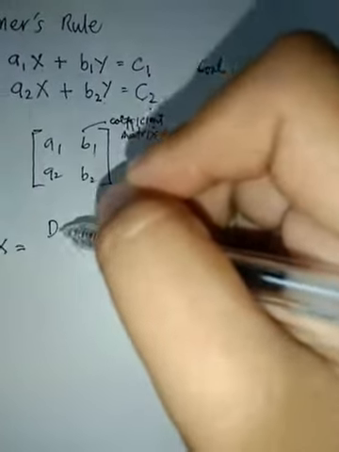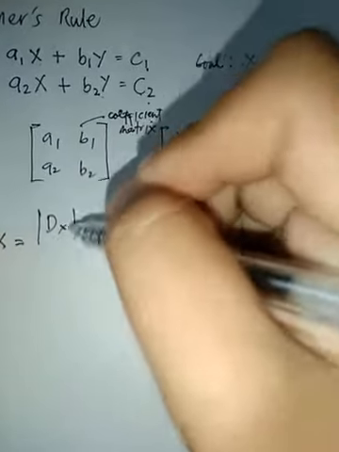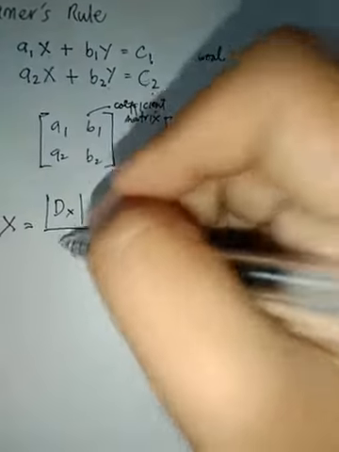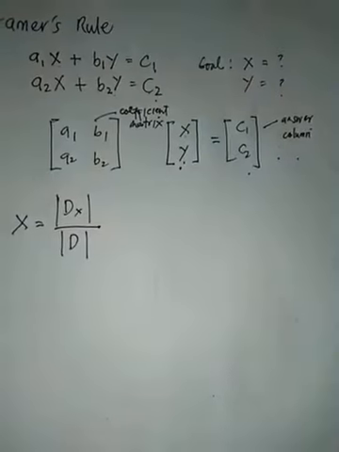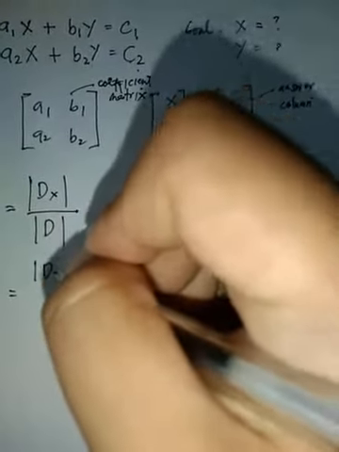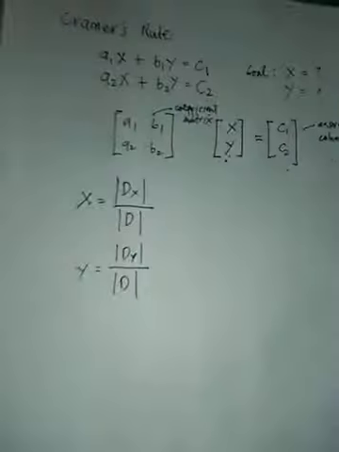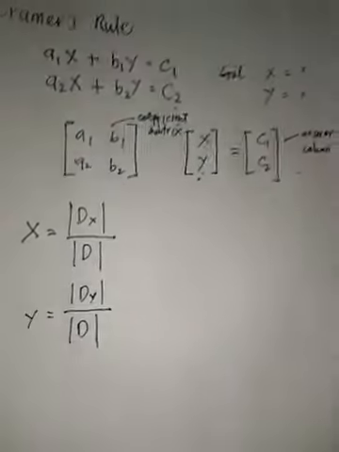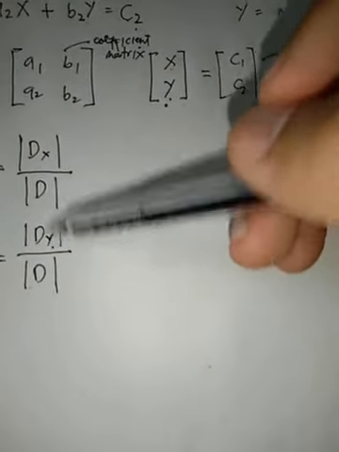You need to get itong determinant over this determinant. Okay. Tapos, ang y is this. dy over d. Okay. Ang tanong dyan is, ano ba itong d sub x? Ano itong d sub y? At ano itong d?